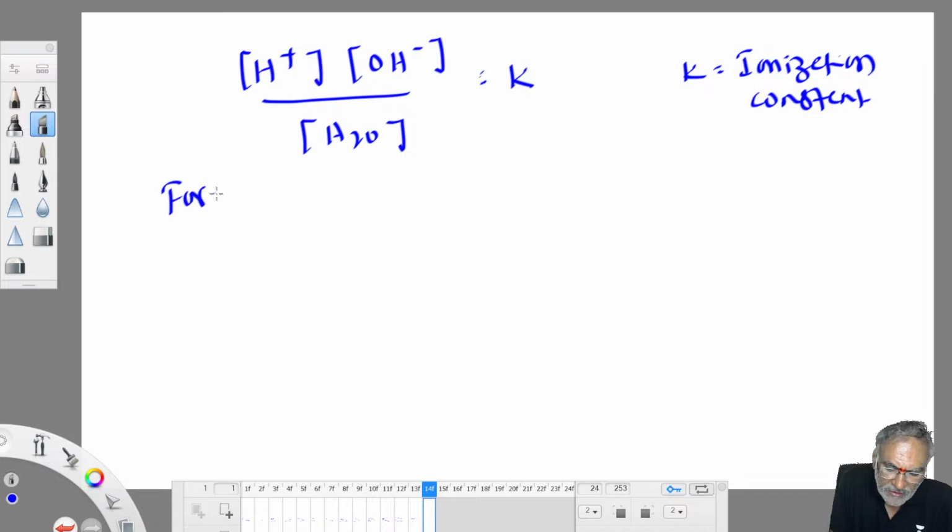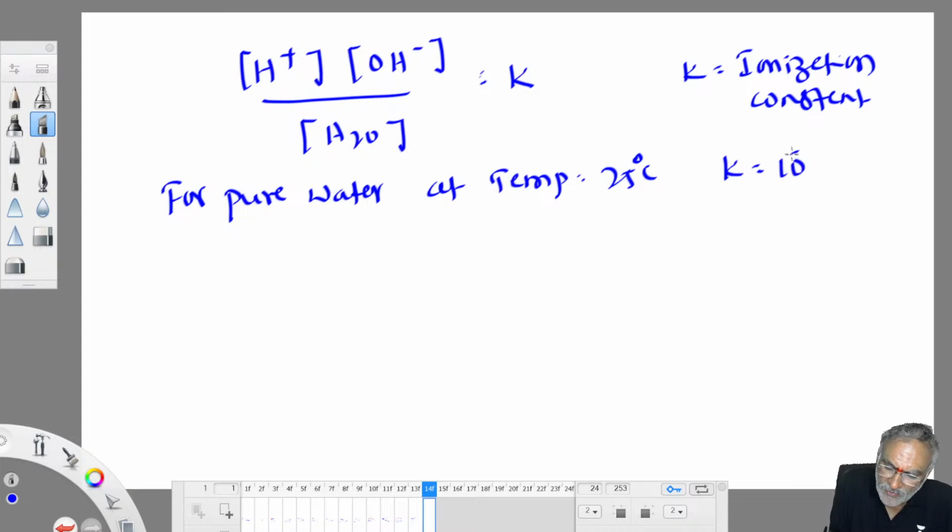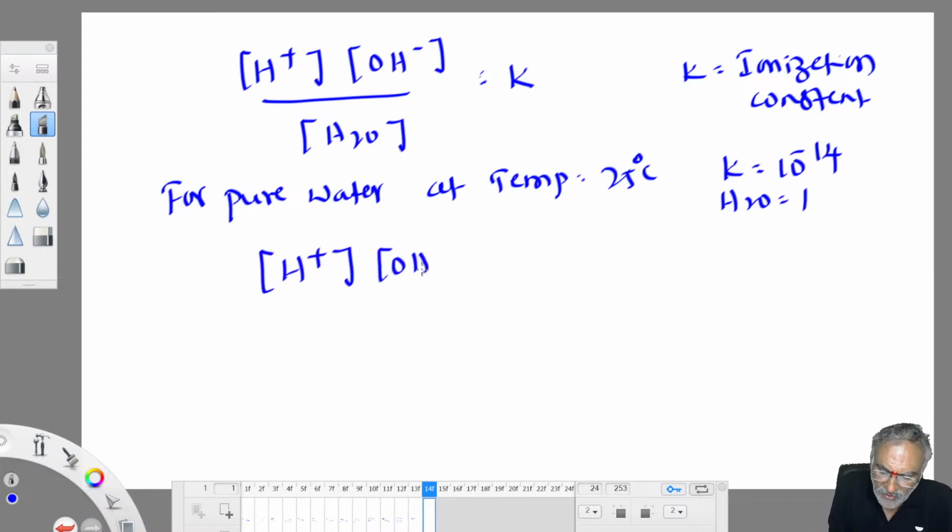For pure water at a temperature of 25 degrees Celsius, the K value is taken as 10 power minus 14 and the H2O value is taken as 1. If you substitute those values, H plus into OH minus by 1 is equal to 10 power minus 14.